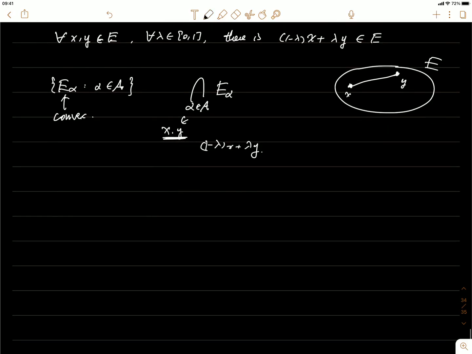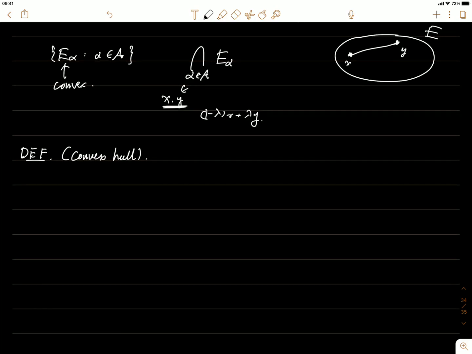Okay, convex hull. So what is called a convex hull? Suppose X is a linear space, and E is just some subset of X, not necessarily convex. I can make a convex hull of E. What that means is I can consider the family of convex sets denoted by F. It's just a collection of subsets of X, where each F contains E and at the same time F is convex.